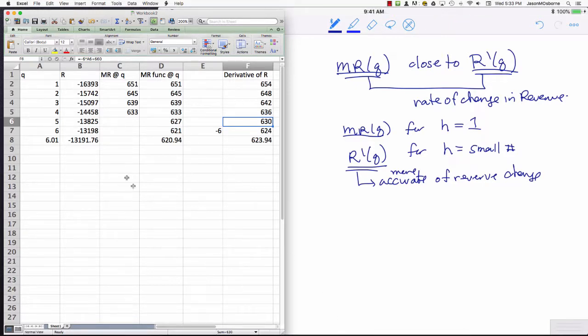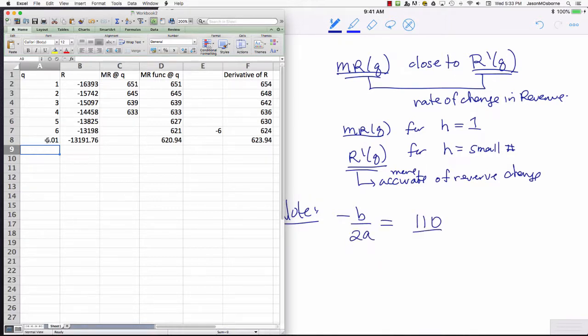Something interesting to note is that if we continue to look at this problem, the revenue function, the vertex of it, negative b over 2a, comes out to be 110.